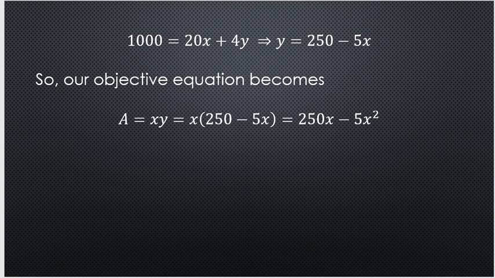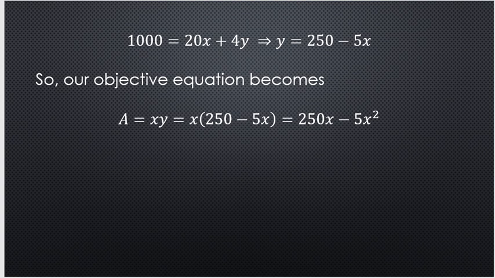I now have that objective equation, that thing I want to maximize, all in terms of one variable. I can now use my tools from calculus to figure out what x value is going to maximize this thing here.